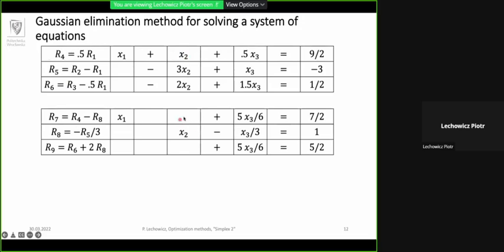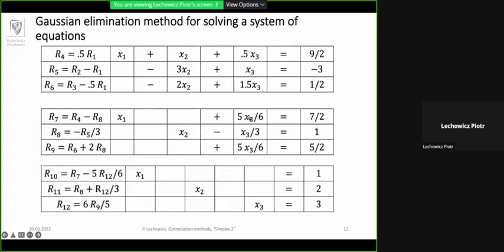So here we have 1, here we have 1, so we need to subtract from this equation. So 1 minus 1 is 0, half minus 1/3 is equal to 5 divided by 6, and so on, right? So we are creating here a vector 0, 1, 0, and repeat the same for the third column.